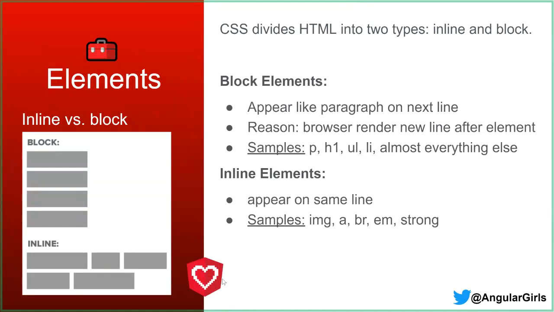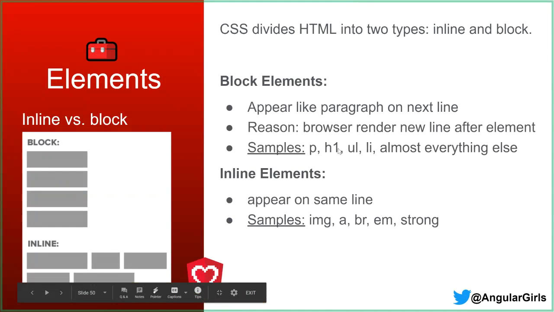All the HTML tags are defined as block or inline elements. For example, the paragraph element is a block element. So each time I do a new paragraph, it makes a line break, and then it starts. Or the list or the header. Inline elements are like the image tag, for example, or span or other stuff, which is shown inline.